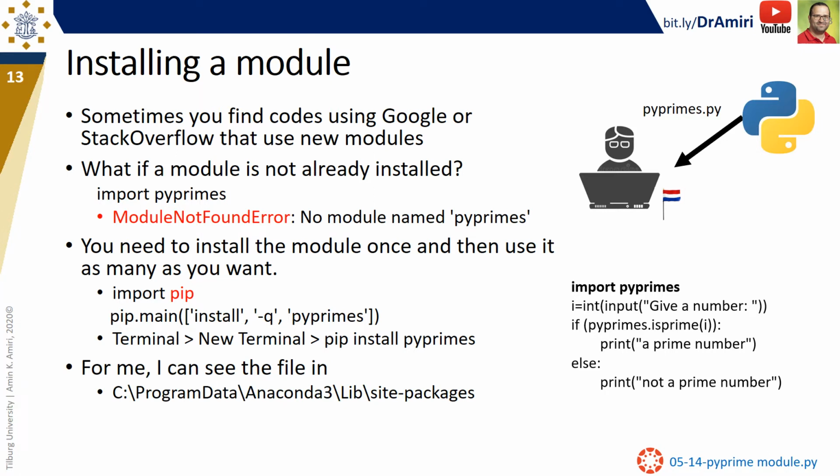So when you install a new module, you will see the package. If you are using Anaconda, in the Anaconda folder inside program data inside C, at least that's where I see them, and inside that folder, you have lib and site packages, and there you can see all the installed modules and packages.